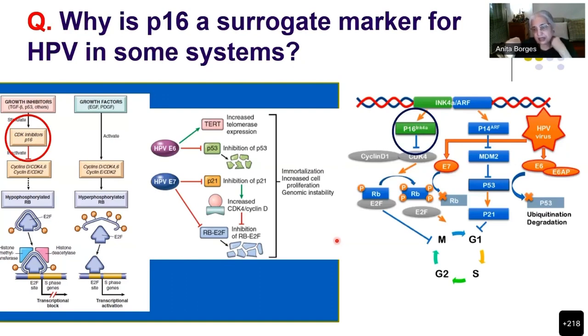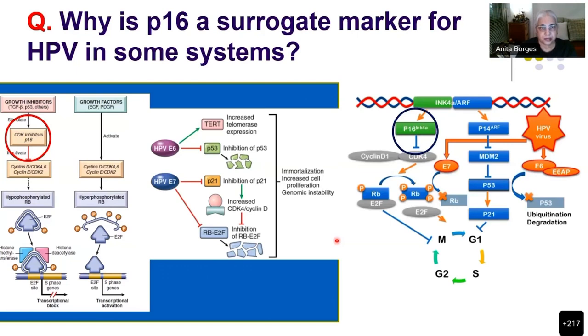No gene can do anything inside the cell without being translated into a protein, okay? It has to make RNA at least, but if it's a gene, it has to be translated into a protein at the other end. So there are these two proteins, E6 and E7.